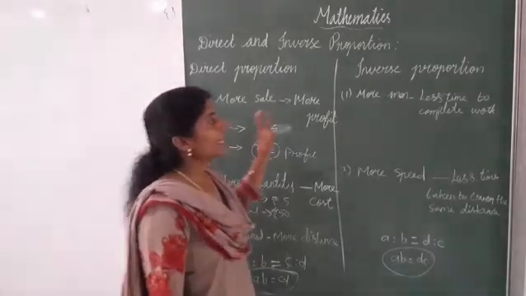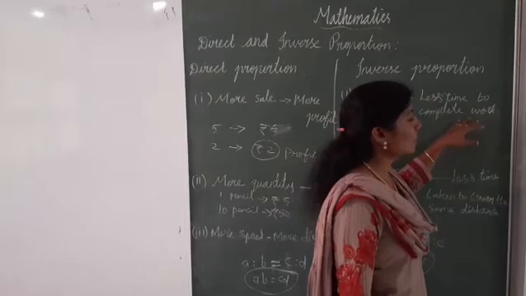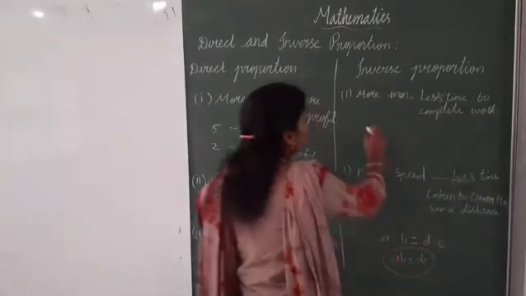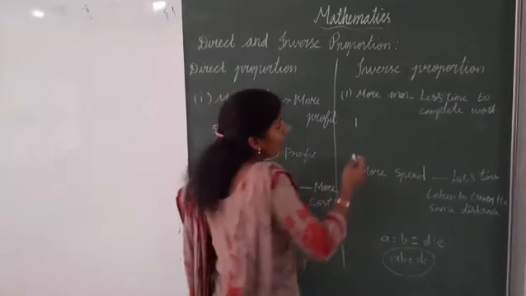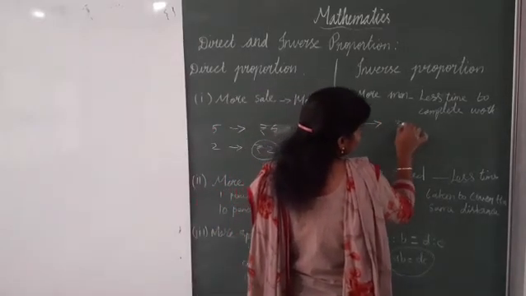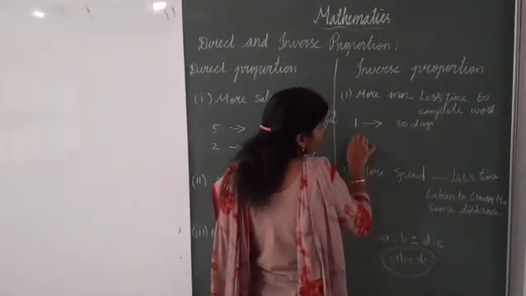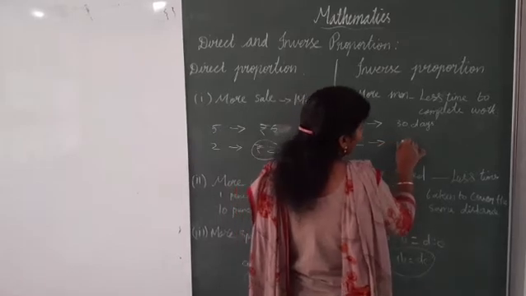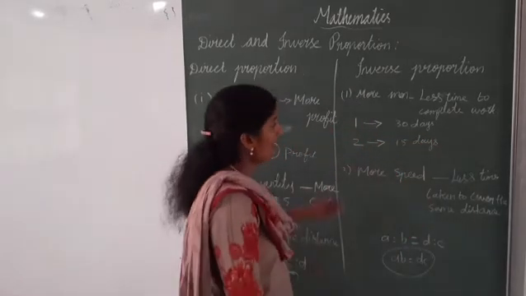Okay. Now inverse proportion. More men, less time to complete work. One man builds a house, suppose taking 30 days. One man takes 30 days, but two men take only 15 days, isn't it?